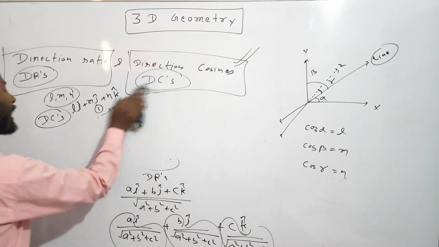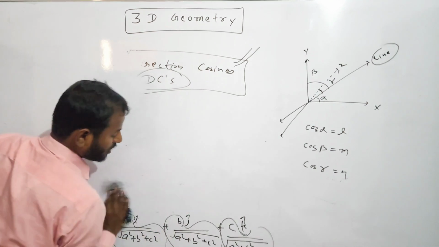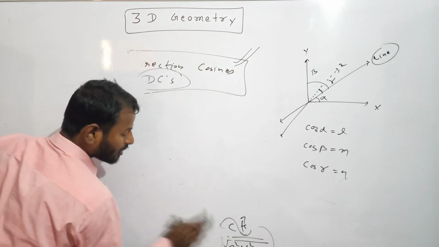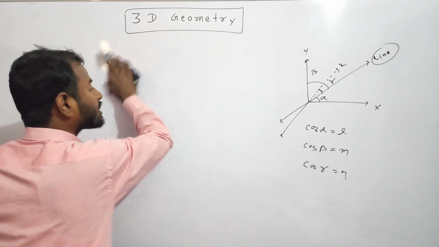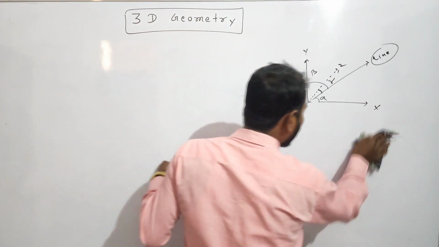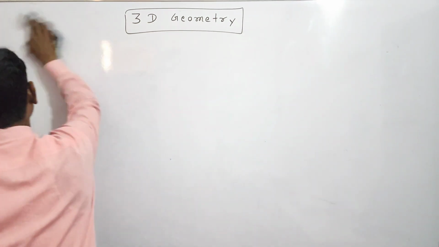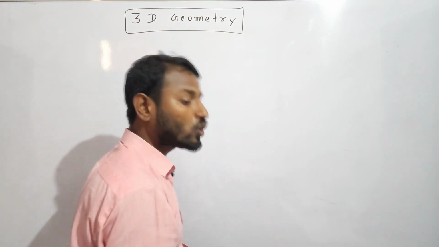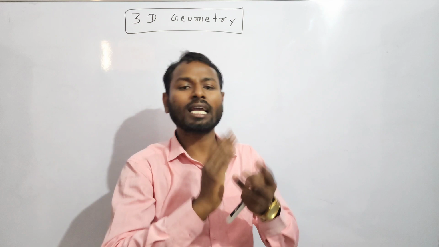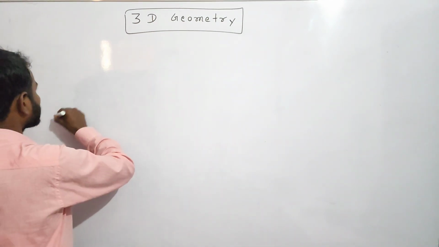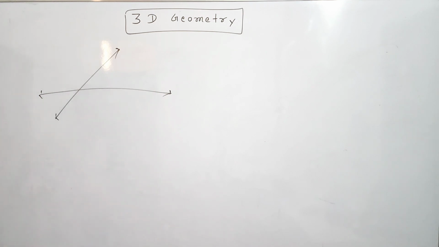Before finding the angle between two lines, first of all we have to understand in 3D geometry what the terminology is, and what component determines the direction of a line. Because angle between two lines means the inclination or orientation between them. So this is the first line and this is the second line.